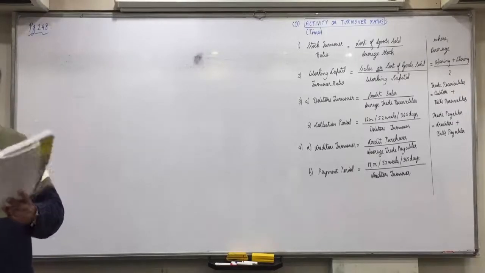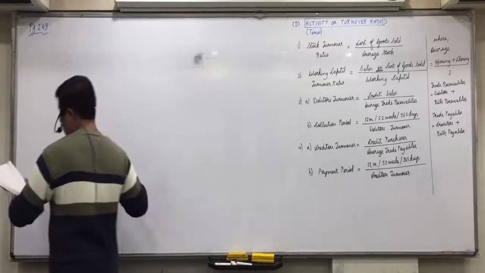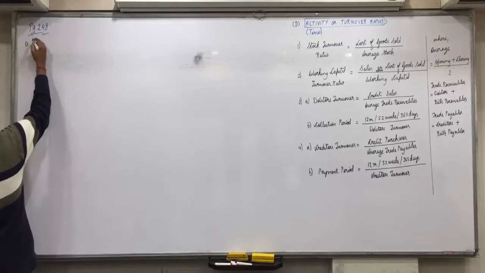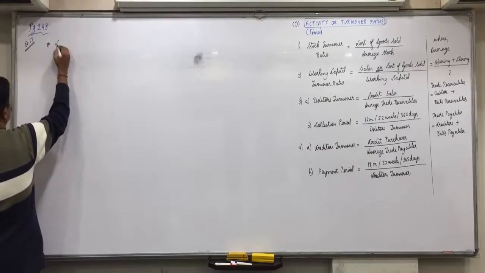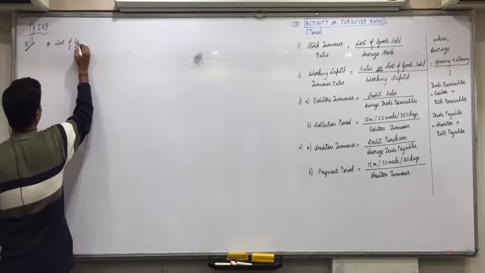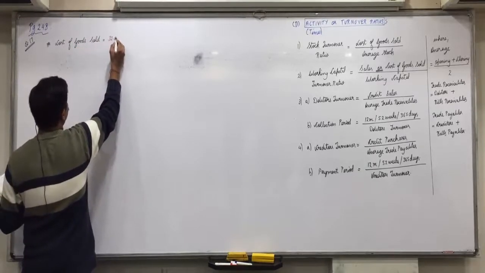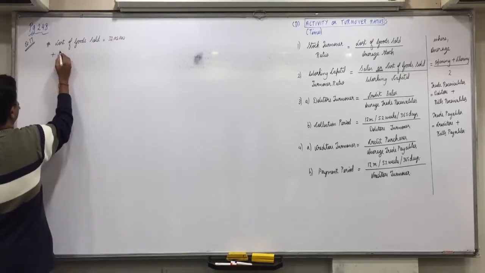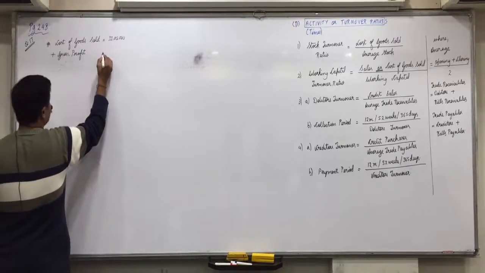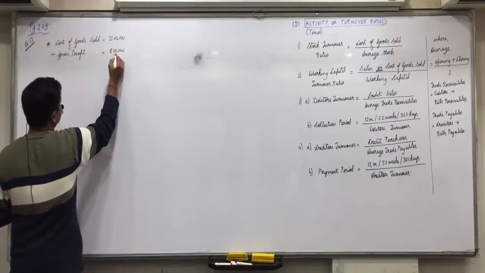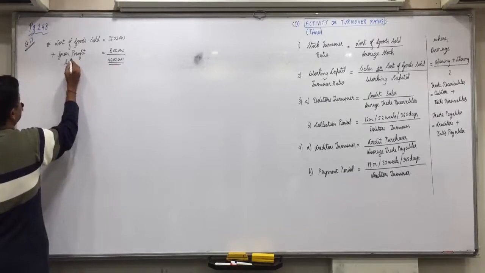Current assets minus current liabilities gives us working capital. First we find sales: cost of goods sold 32 lakhs plus gross profit 8 lakhs, so 40 lakhs is sales.